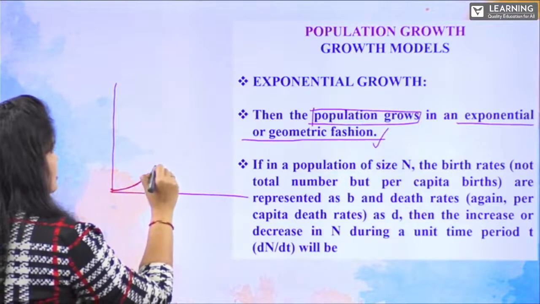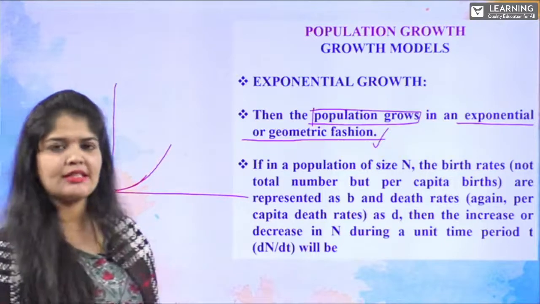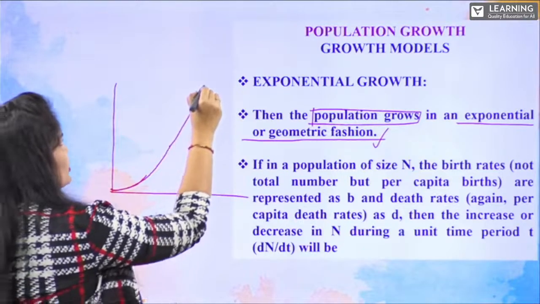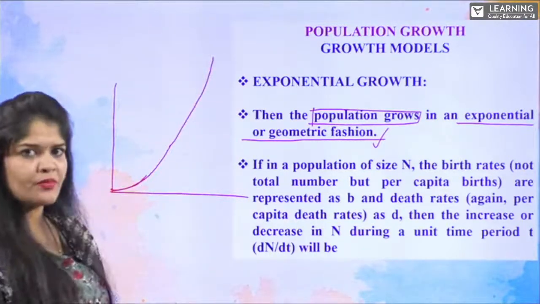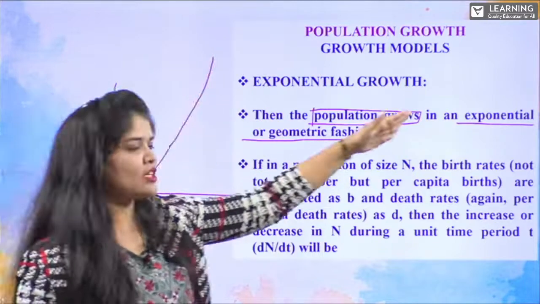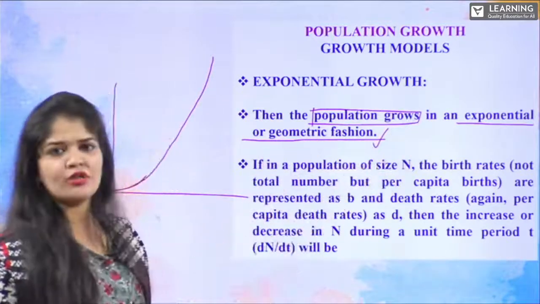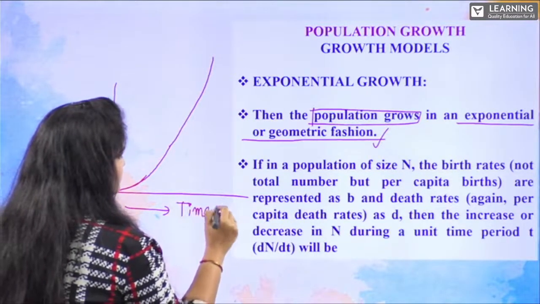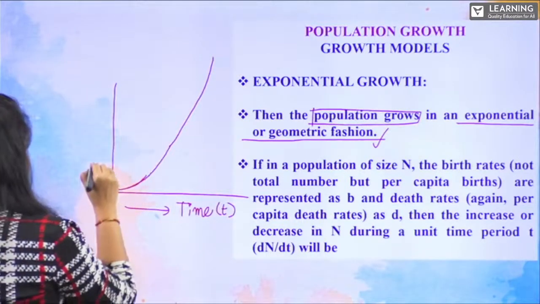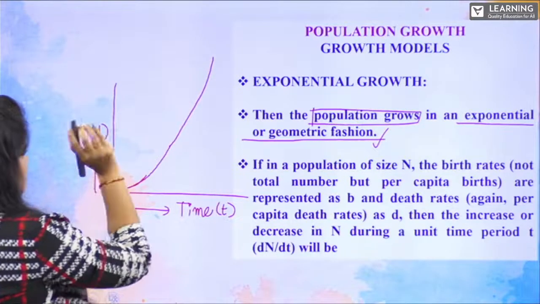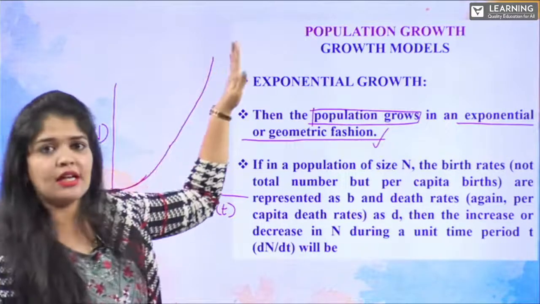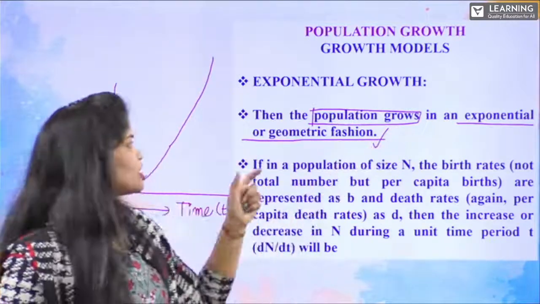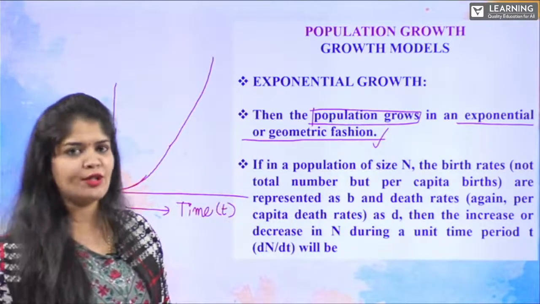Once it has adjusted to the resource availability, as the resources are limitless, the population keeps on growing in an exponential fashion. Here, time is on one axis and population density on the other. Population density keeps on rising and results in a shape called a J-shaped curve. This is the exponential, or geometric, fashion.